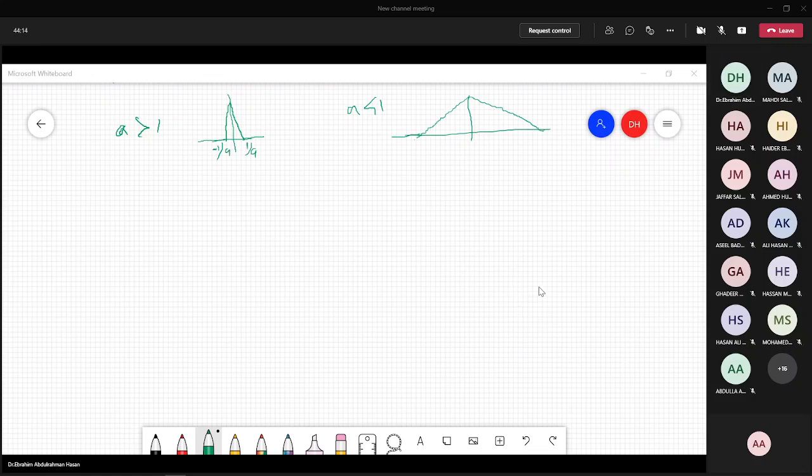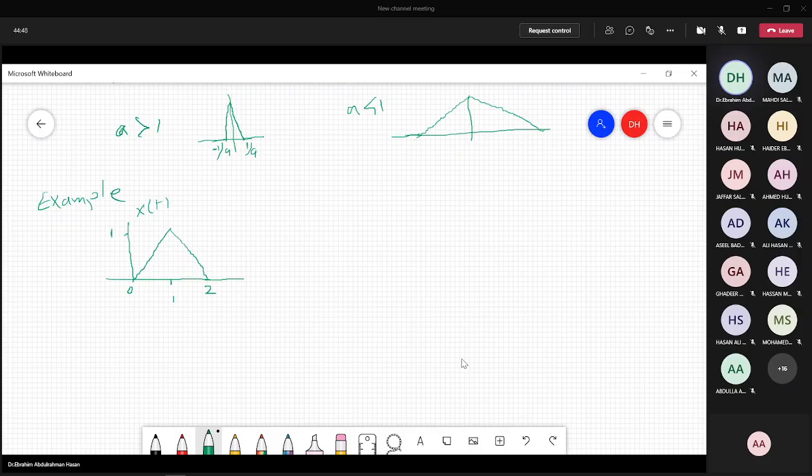Okay. Let's do a simple example. Suppose this is my x of t. This is 2, this is 1, this is 0, this is 1.